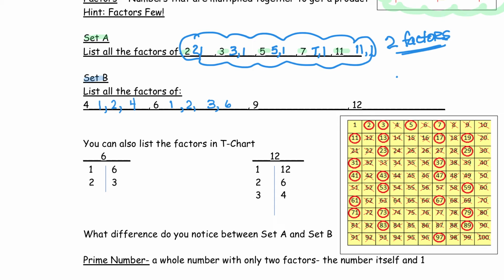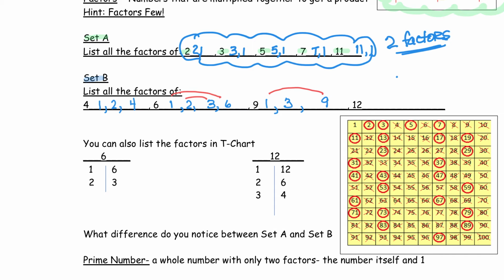This method, by the way, you may have heard in the past, has been called the rainbow method. I don't know if you've ever heard of that. So it's 1 times 6, 2 times 3. Let's take a look over at 9. It's 1 times 9 and then 3 times 3, but you only list the factor 1 time. Let's look at 12.